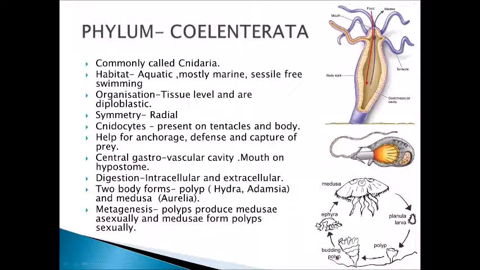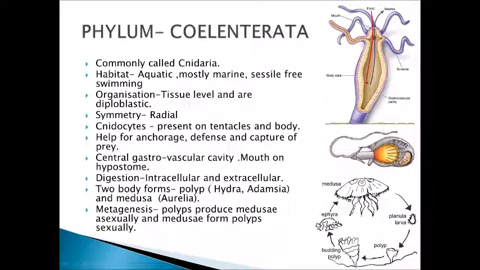The polyp gives rise to the medusa form, and the medusa form gives rise to the polyp form. In between there is a larval form, the planula larva. So this is called medusa form giving rise to polyp form, and polyp form giving rise to medusa form. This is called metagenesis.